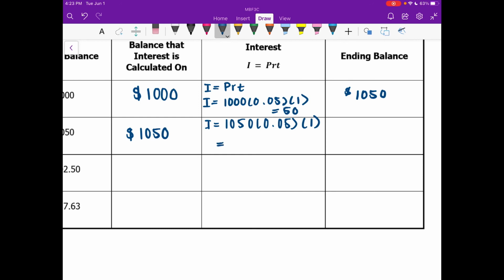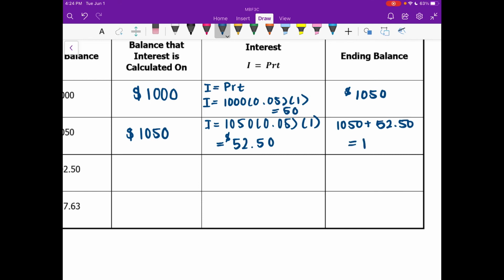So now it's going to be 1050 times 0.05 times 1. So instead of making just $50, you're making $52.50 in interest, right? So I'm going to do 1050 plus $52.50.